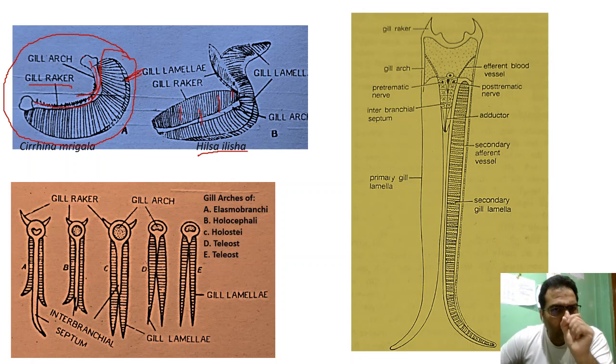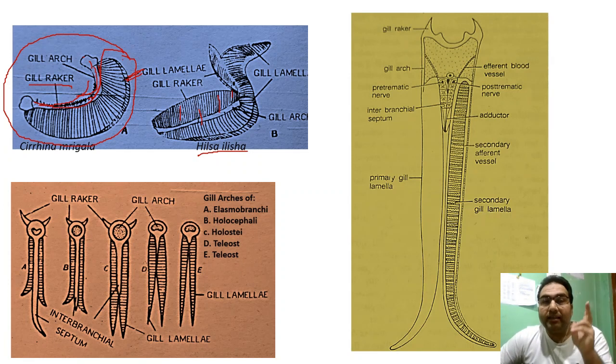So what we learned from here is that first of all there is an arch. On the inner side of the arch, gill rakers are present. On the outer side of the arch, gill filaments are present. Gill rakers differ from species to species depending upon the feeding habit of the species.